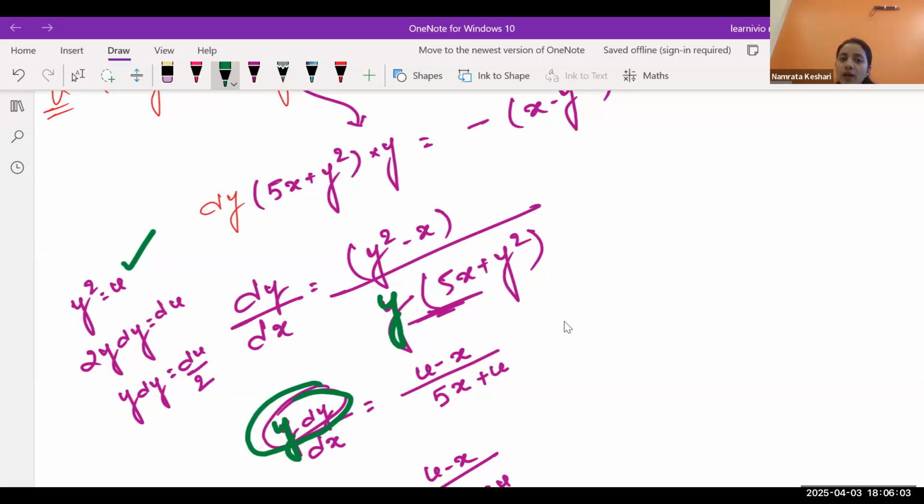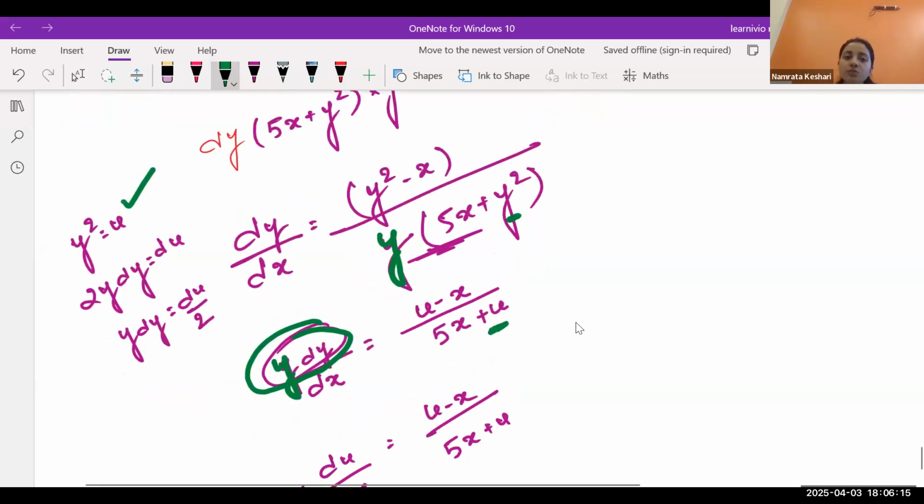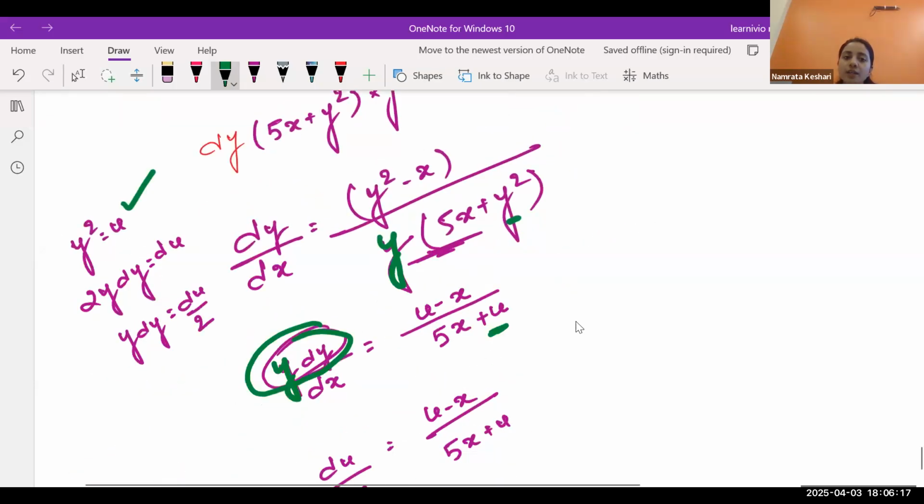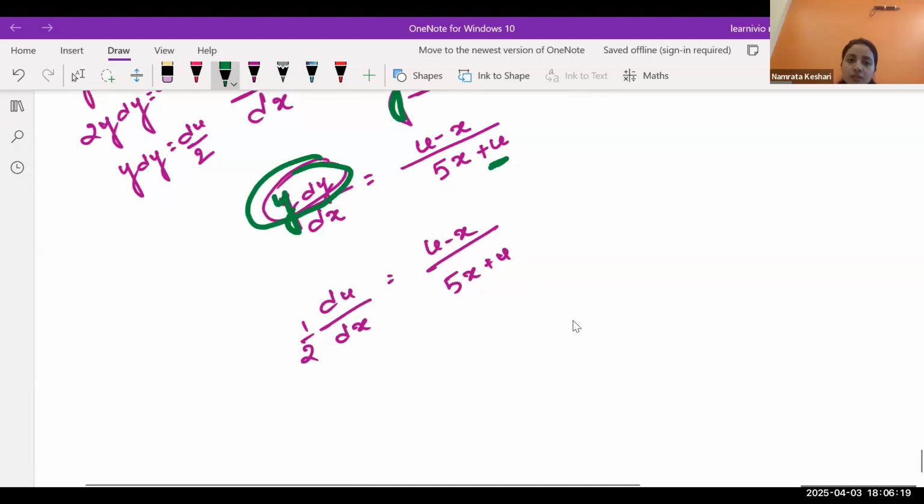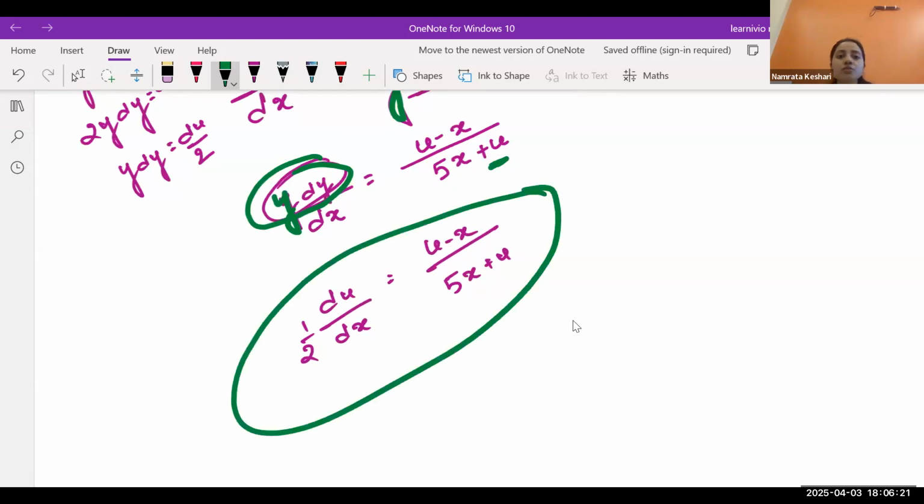Minus x in the denominator 5x, and in place of y square I have dropped u. Now can you see how beautifully it has taken the shape of a homogeneous equation? Yes or no? Yes, ma'am. Okay, now we'll be able to solve it.